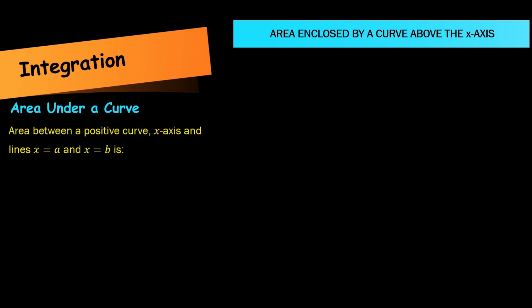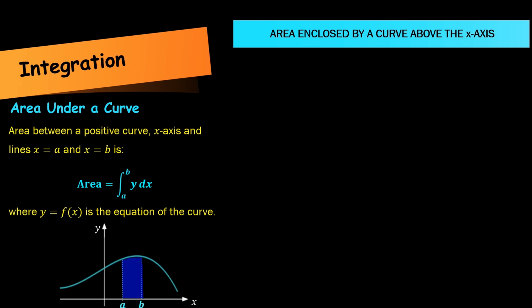Now the area between a positive curve, the x-axis, and lines x equals a and x equals b is area equals integral from a to b y dx, where y equals f of x is the equation of the curve.